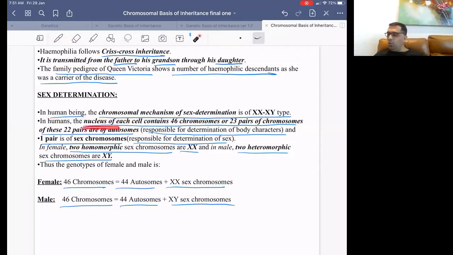In humans, the nucleus of each cell contains 46 chromosomes, or 23 pairs of chromosomes.